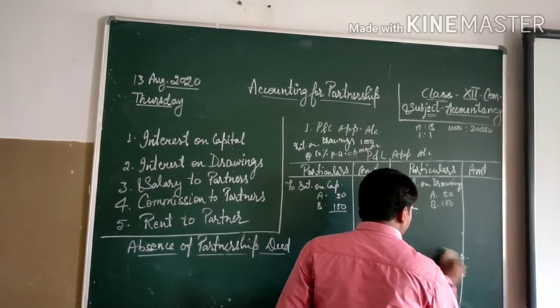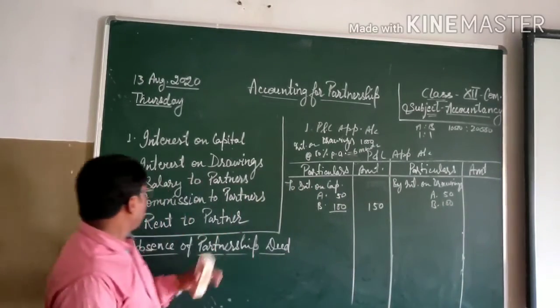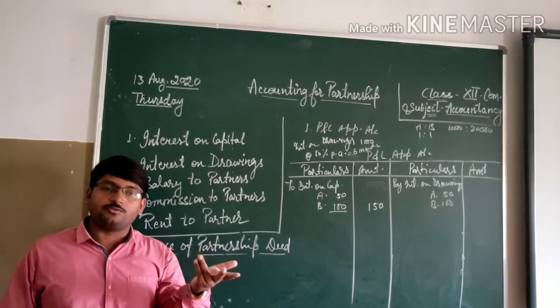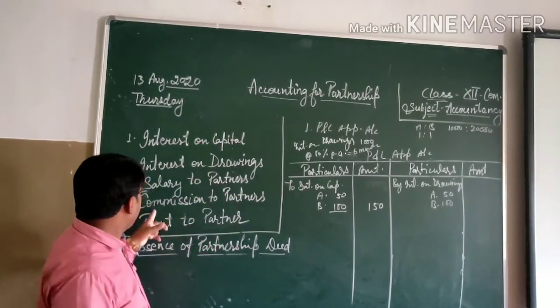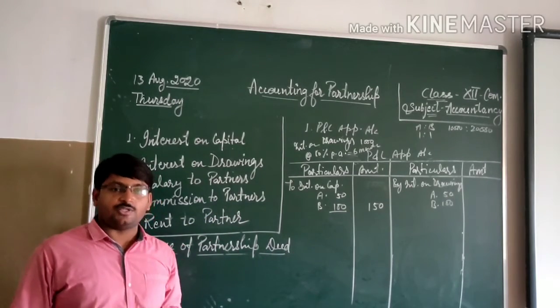If you have understood these points, then you will clearly understand the other points also. Salary is what? It is an expense for the firm, in the same way as we have done in interest on capital. Commission to partners is an expense for the firm. Rent to partner is an expense for the firm.